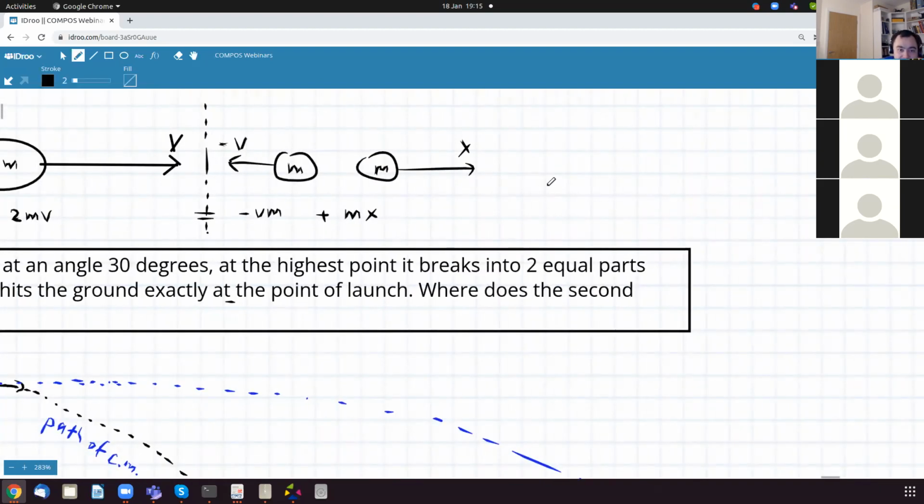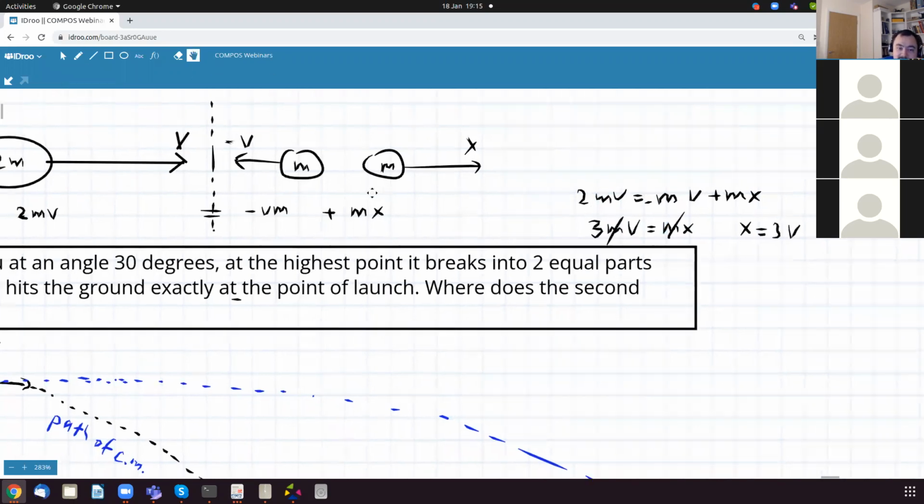So 2mv equals mx minus mv, so 3mv equals mx, so x is 3v.